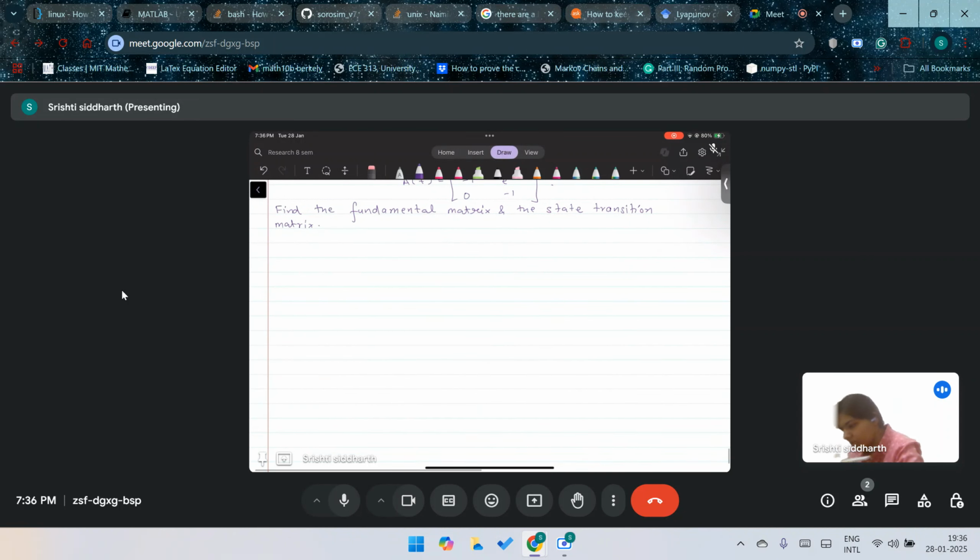Okay, so recall, I'm going to write down the slide number. I guess it's slide 27. So the theorem states that let X(t) be a fundamental matrix of the system x dot equals A(t) x(t).